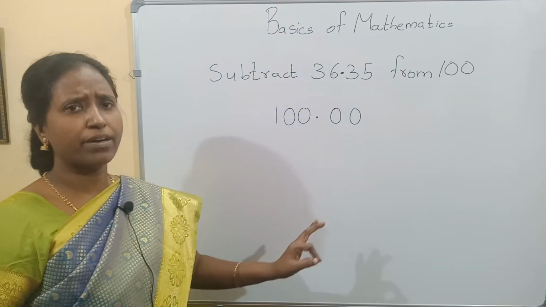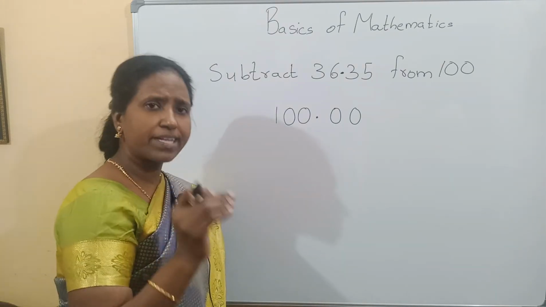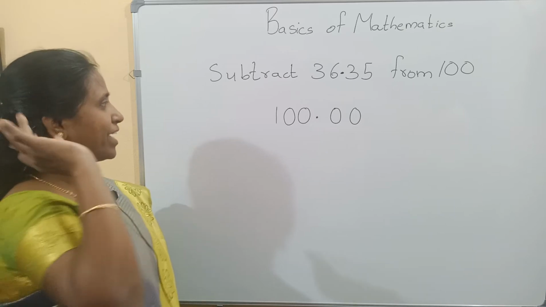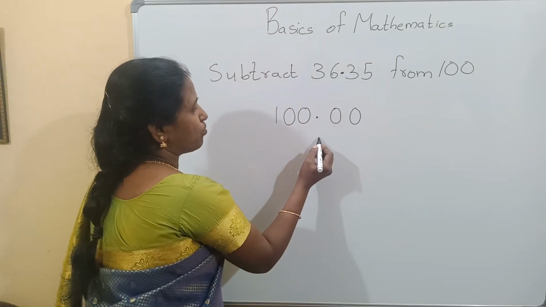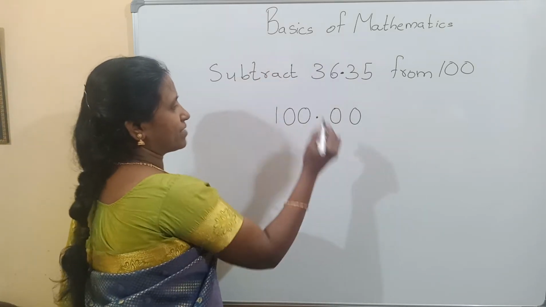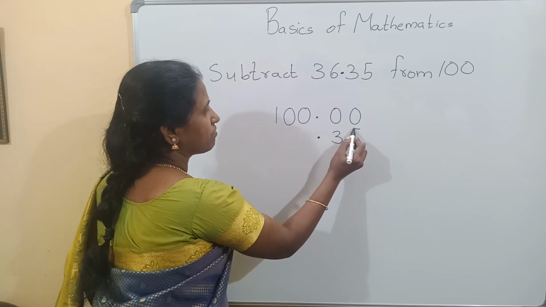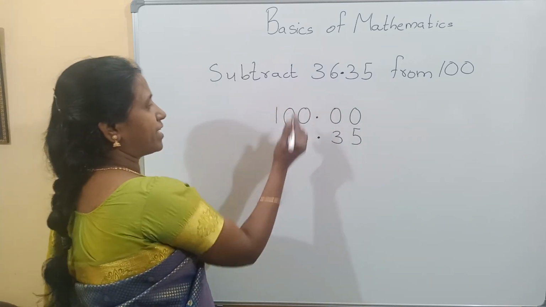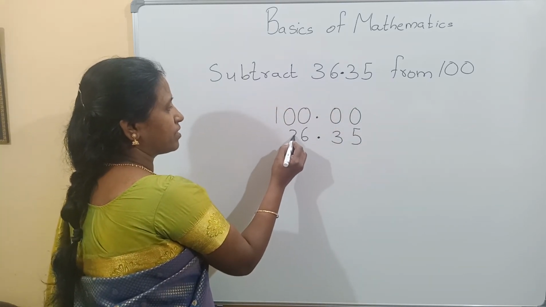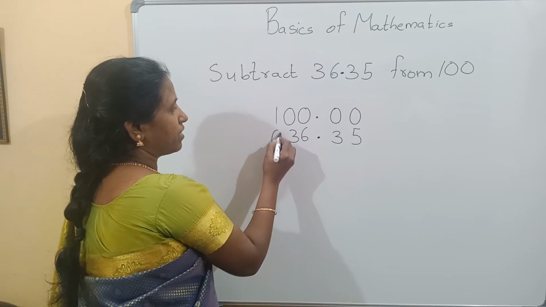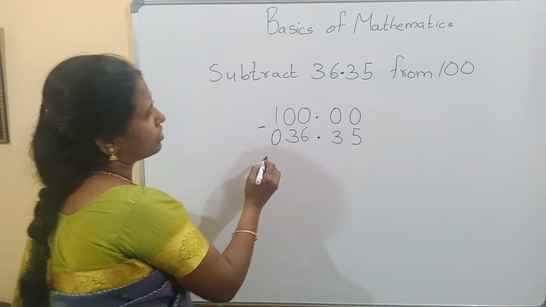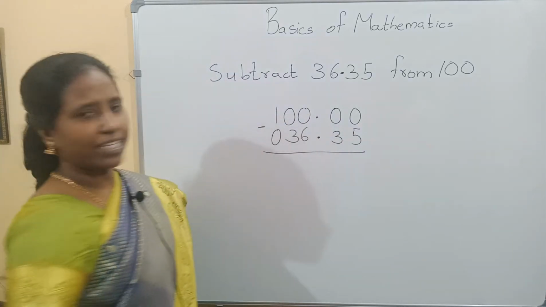Actually, any number, if you take 7, is nothing but 7.0. Right? Now, as I told you, point below the point. 3, 5. And this side again, 6, 3. Suppose this is vacant. It might cause confusion. You can put a 0 for your convenience.